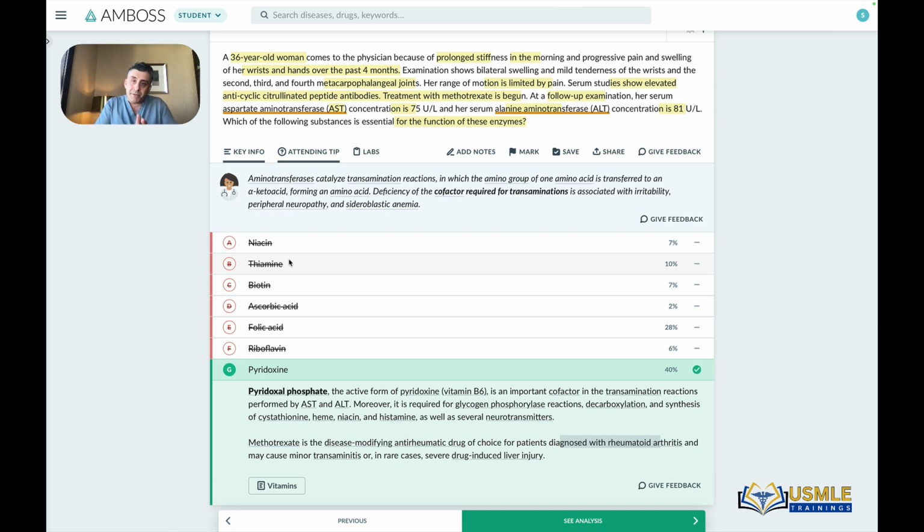No, but with B6 deficiency or B6 in general, they will always present something about transaminases, high ALTs, high ASTs, obviously over 40, not in the thousands, that's viral hep, but they will always present something with transaminases higher than normal, and then they might throw in a slide to tell you it's sideroblastic anemia, or they might give you MCV less than 80, which is one of the four microcytic anemias.